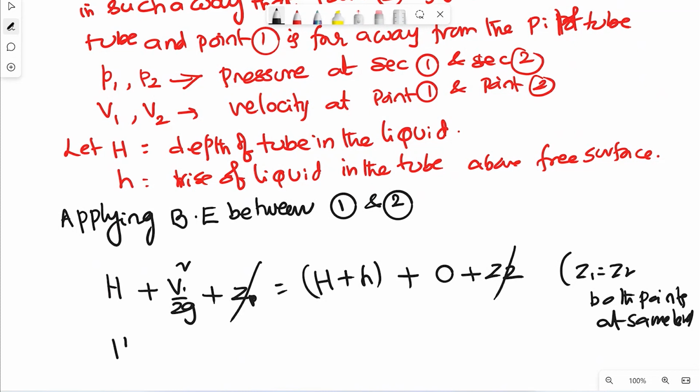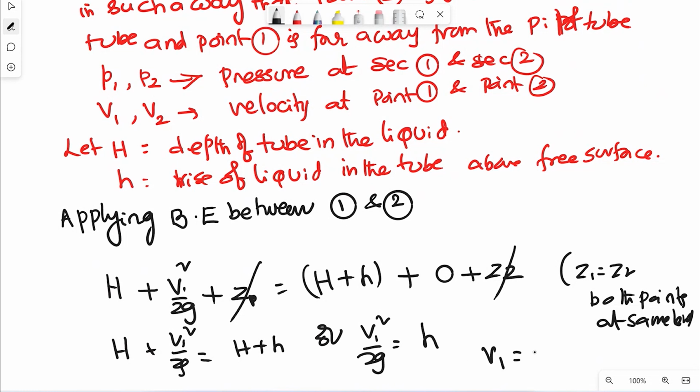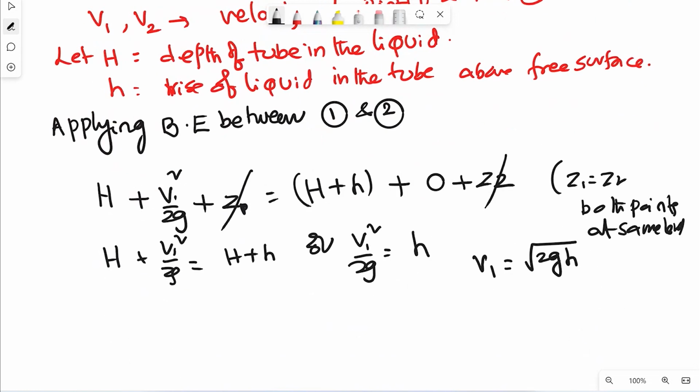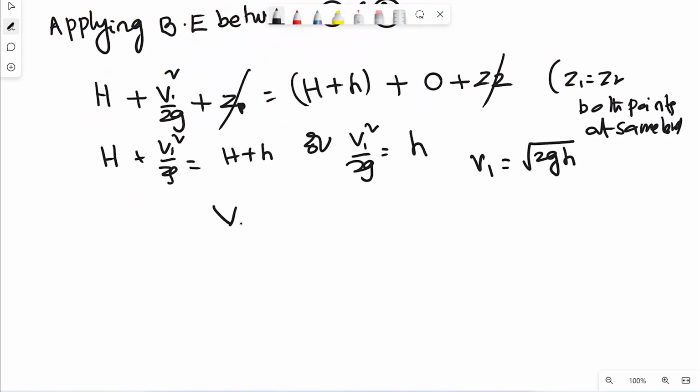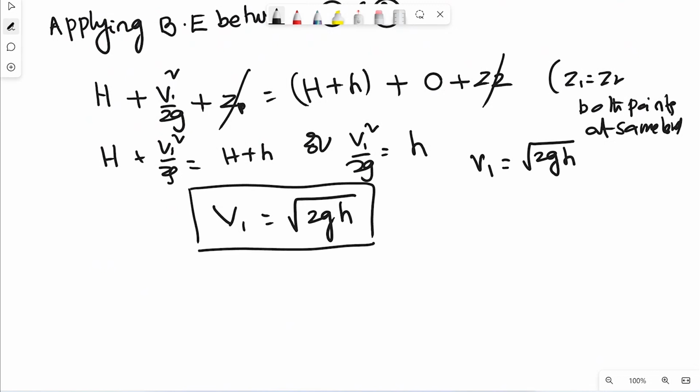Therefore, H plus v1 squared by 2g is equal to H plus h, or v1 squared by 2g is equal to H plus h minus H, which is equal to h, or v1 is equal to root 2gh. So this is what we call the theoretical velocity. Please remember the velocity to pressure conversion: velocity is equal to root 2gh.